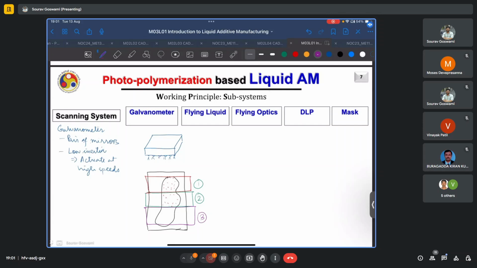Of course, this is also accompanied at the back by a curing mechanism. So you have a UV laser, mostly a UV floodlight, which is fitted to the back of this head, so that during the next deposition, the previous deposition is already getting cured almost instantaneously.